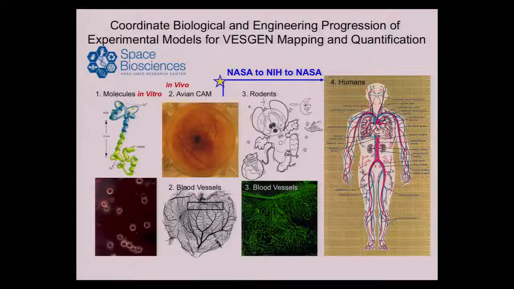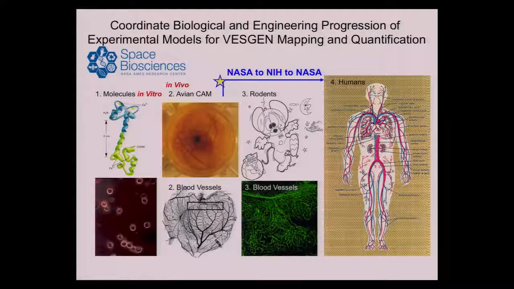This slide illustrates what I think you all know is the normal progression of basic to clinical research in biomedical studies. So initially, we might identify and propose feasibility candidates for drugs and other therapies by looking at molecules and cells in vitro.